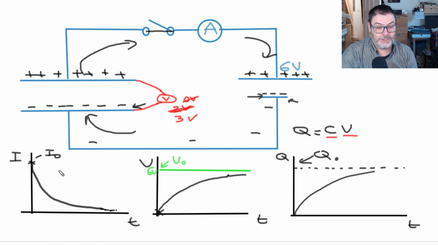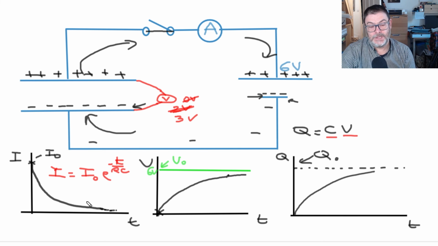The value is decreasing exponentially, so we can say that I, at any time, is equal to the maximum value I0 times the exponent of some constant. And for us, that constant is 1 over RC, and then we multiply all that by t. So in other words, we say that the current at time t is equal to I0 times e to the minus t over RC.